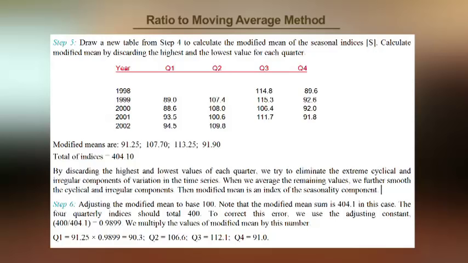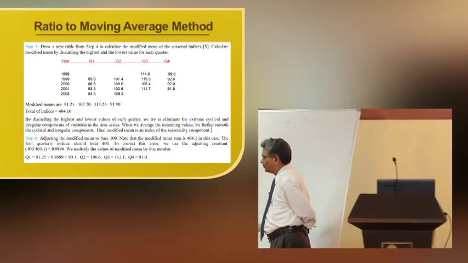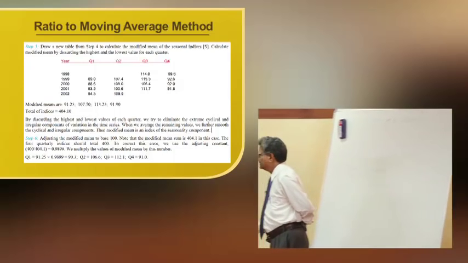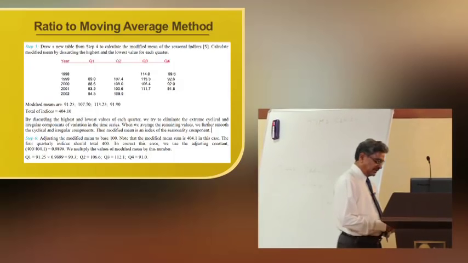So likewise, for all quarters we have done, the 4 averages are obtained and the total index value is 404.10. Right? Now what we have to do is reduce it to base 100. Now it is 404.10. For 4 quarters, 4 into 100, it should be 400.